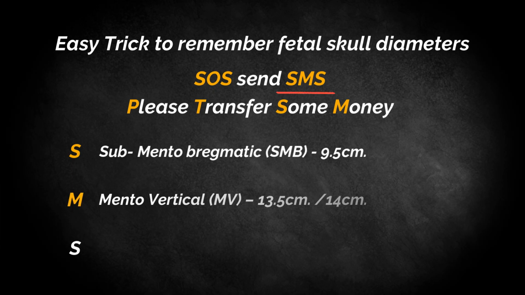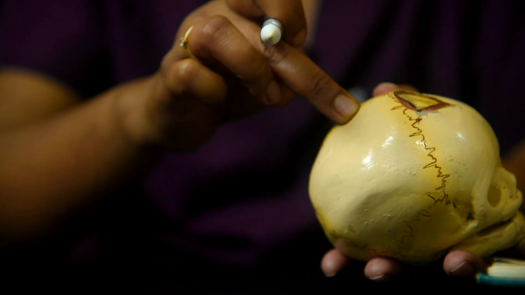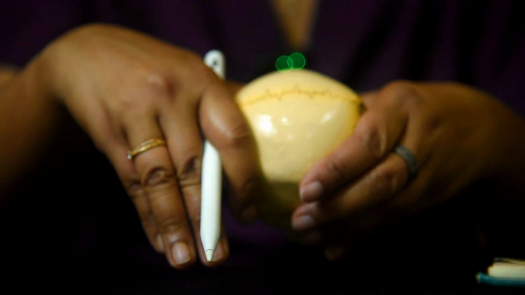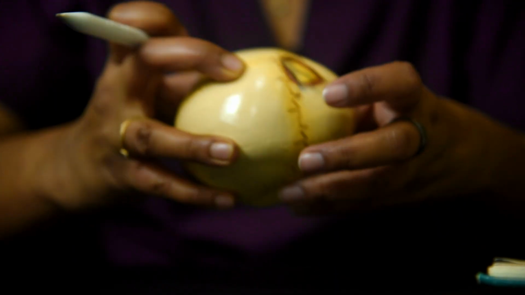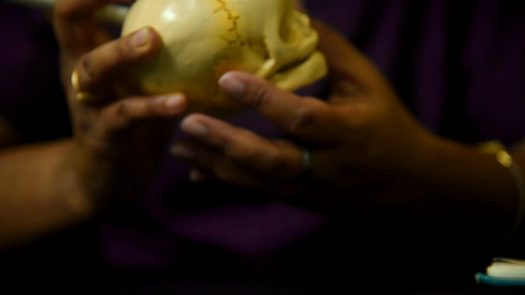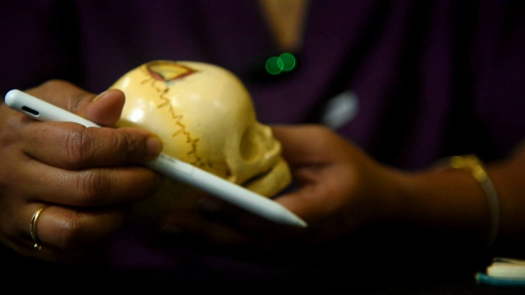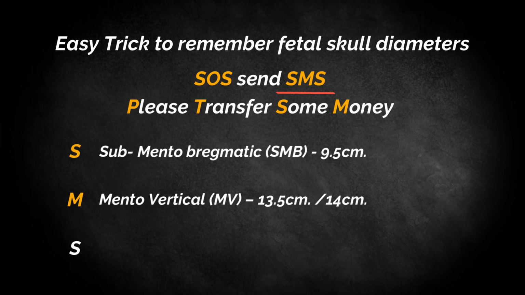Next is mentovertical, which is from the chin to the farthest point of the vertex. So we all know that this is the vertex. So this is the farthest point of the vertex. From chin to the farthest point of the vertex, this diameter is known as the mentovertical, that is 13.5 to 14 centimeter.